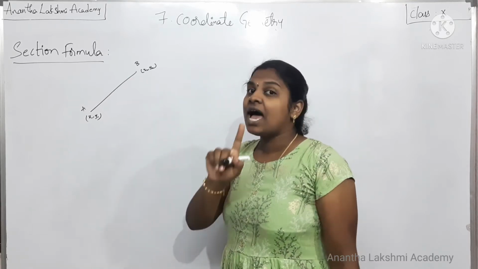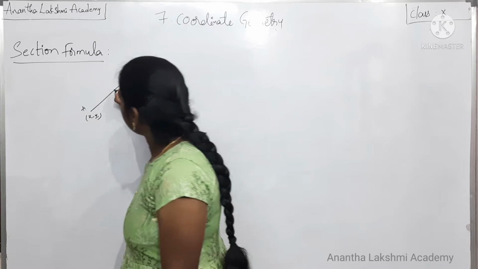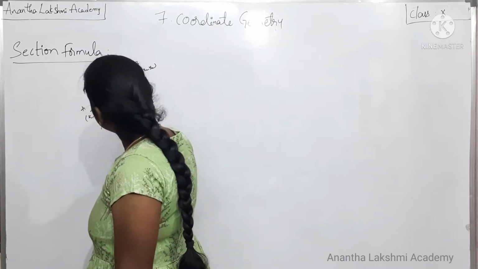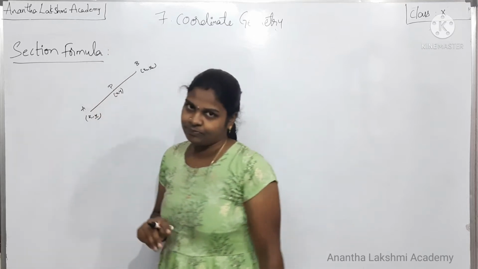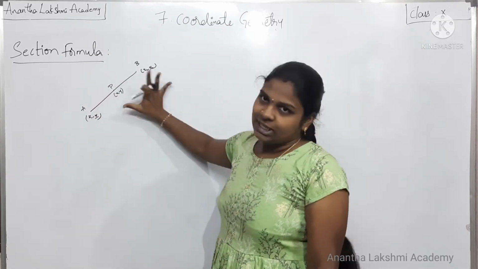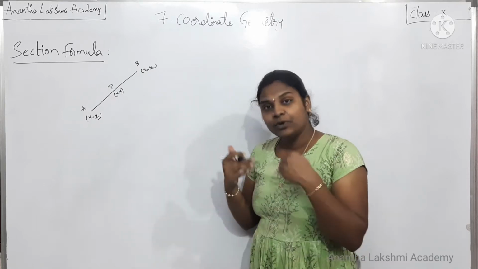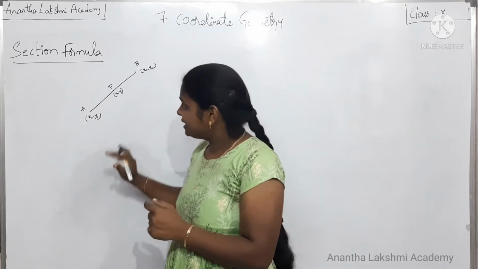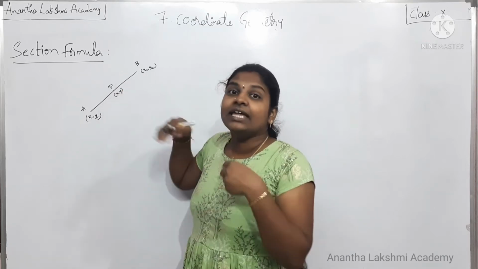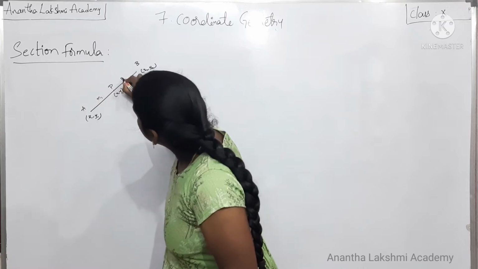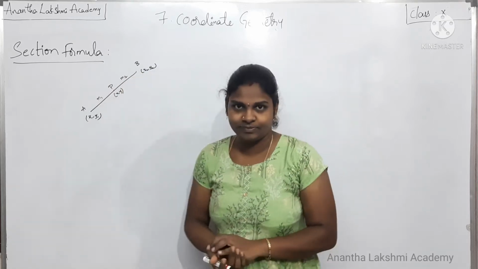Say for suppose, I say a point P whose coordinates are x, y. A point P is put on the line AB. Now, I am going to say that this point P divides AB in the ratio M1, M2 internally.